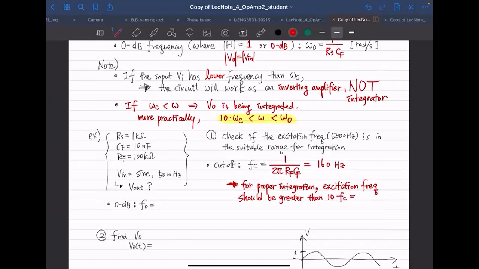And that is going to be approximately 1600 hertz.